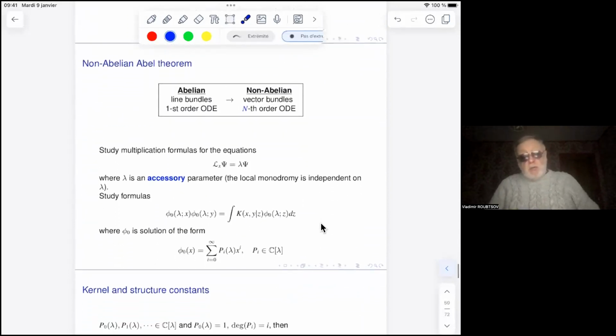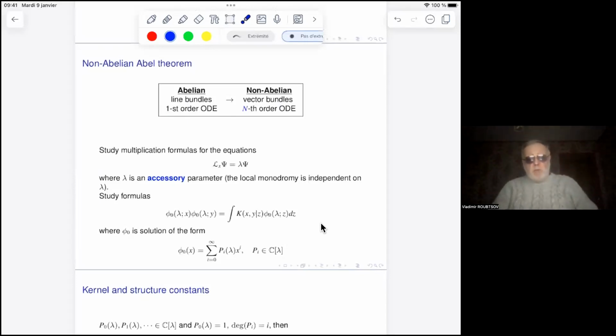We now consider, instead of a line bundle, a vector bundle, and instead of the first order differential equation, we consider an nth order differential equation. And in this non-abelian form, our theorem can be expressed very easily as a kind of multiplication kernel form.